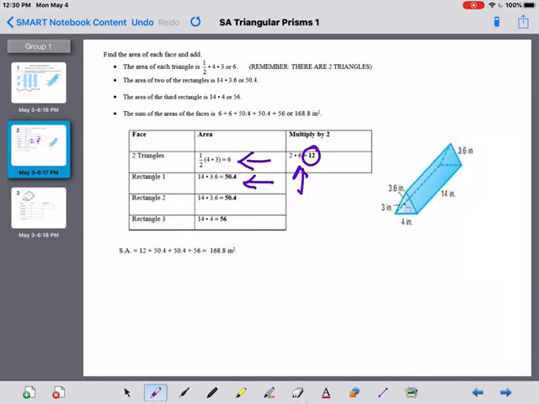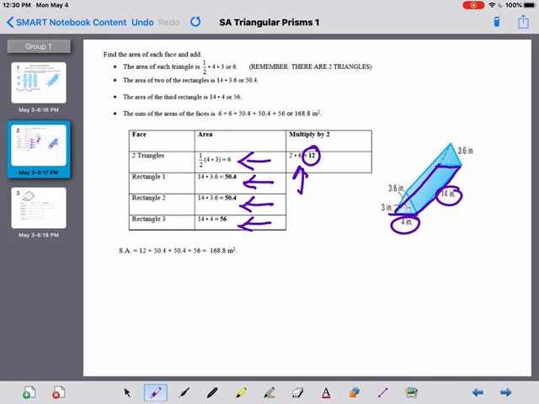The other side of the triangular prism, this rectangle here, has exactly the same dimensions. It's a little easier to see with the other side, but those same dimensions will give you an area of 50.4 as well. And then finally, we have the base of the prism, which has different dimensions, so we have to watch out for that. We have a length and a width of 14 inches and 4 inches. Multiplying that together, we get an area of 56 inches squared.